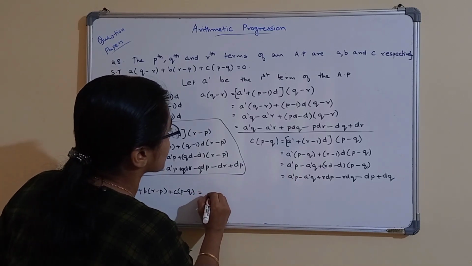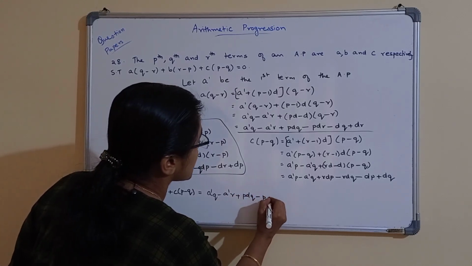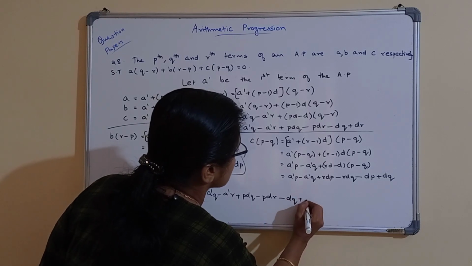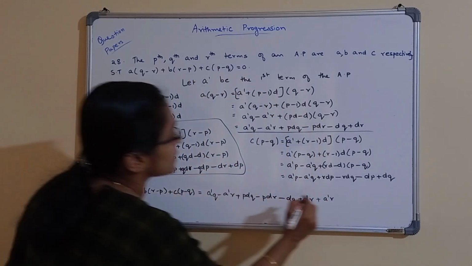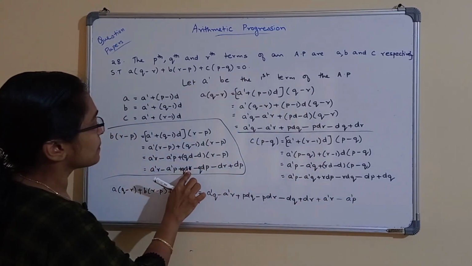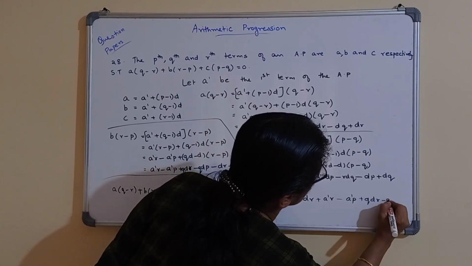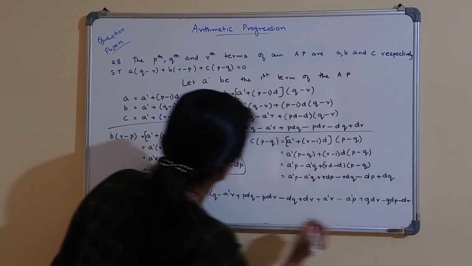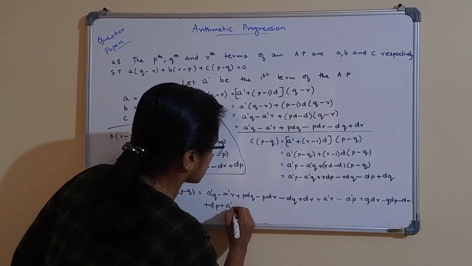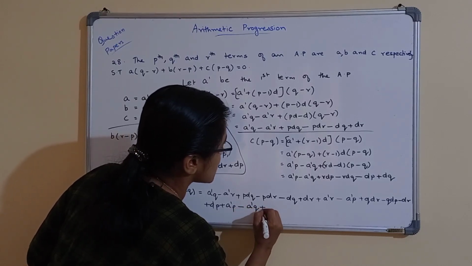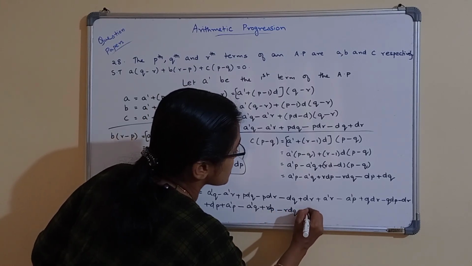So, we will get a'q - a'r + pdq - pdr - dq + dr, then this plus a'r - a'p, then plus qdr, then minus qdp, minus dr plus dp, then plus a'p - a'q plus rdp - rdq - dp plus dq.